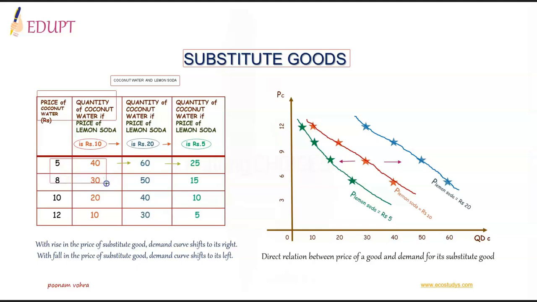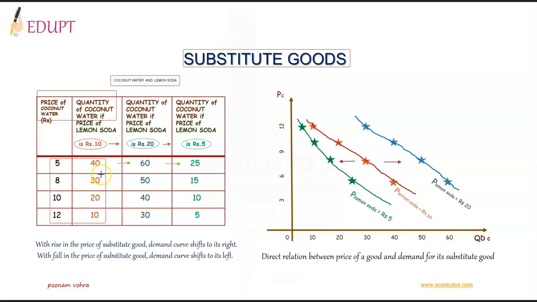With further increase in price to 8, demand falls to 30, with further increase in price to 10, demand further falls to 20, and finally with further increase in price to 12, demand falls to 10 units.